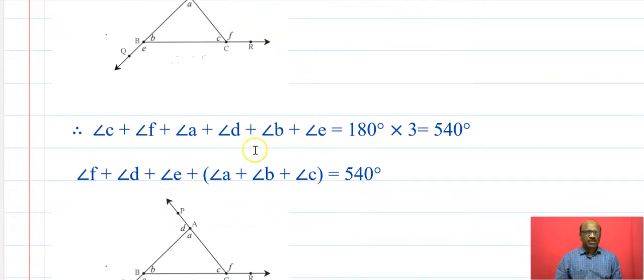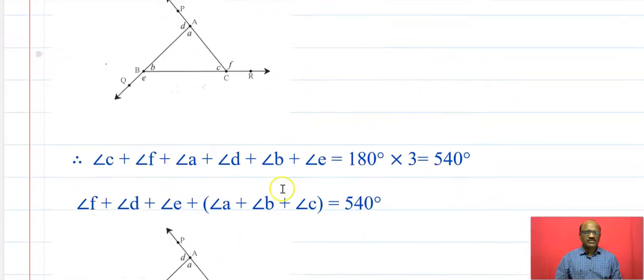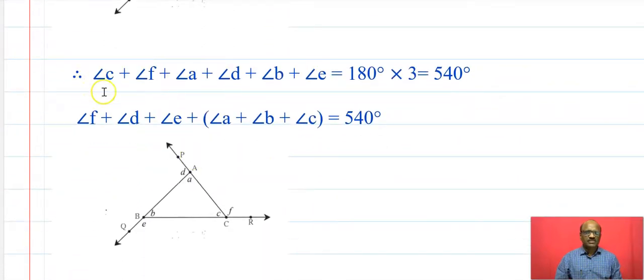And if we add all these three equations, then we get measure of angle C plus measure of angle F plus measure of angle A plus measure of angle D plus measure of angle B plus measure of angle E is equal to 180 into 3, that is 540. Therefore, measure of angle D plus F plus E, in another bracket measure of angle A plus B plus C, is equal to 540.